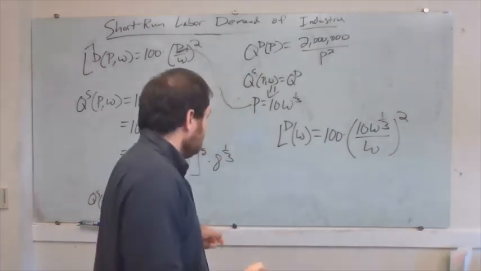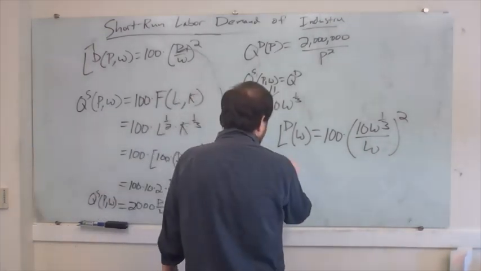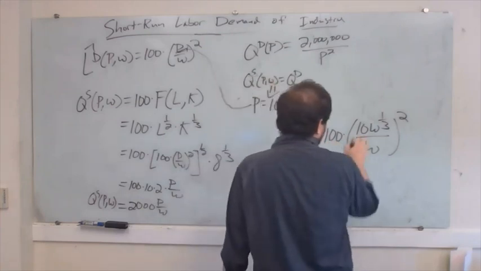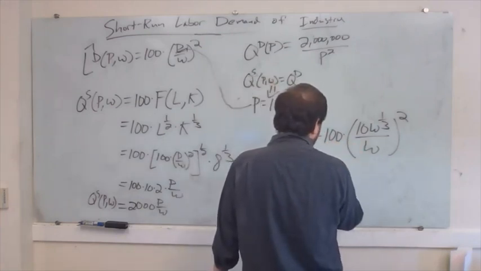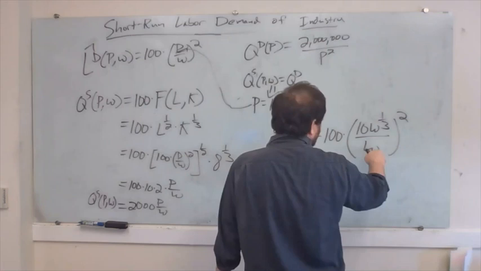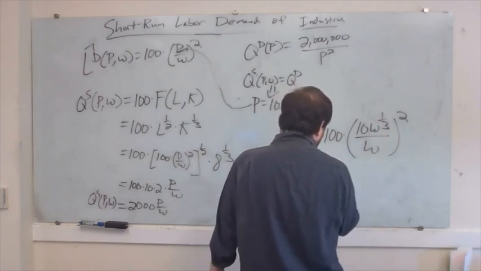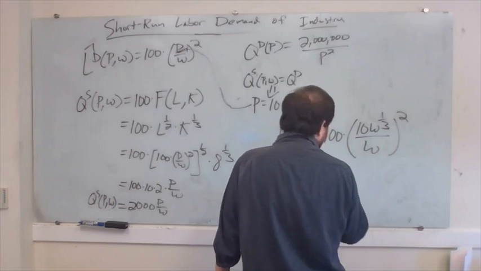From here, labor demand in terms of W is just going to equal 100 times 10 squared, 10,000, times W to the 1/3 over W to the negative 2/3 squared, so over W to the 4/9.